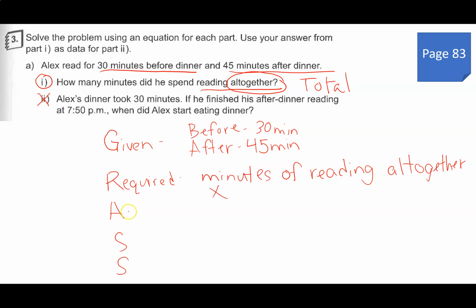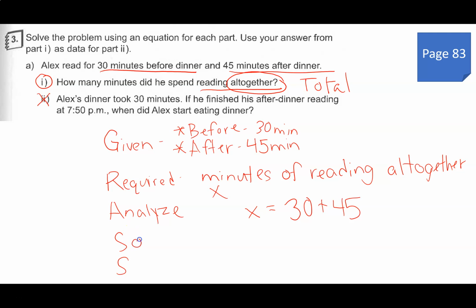All right, now it's time to analyze. So if X is the total number of minutes, we can find the total number of minutes by adding how many minutes he read before dinner plus the amount of time he read after dinner. X equals 30 plus 45.